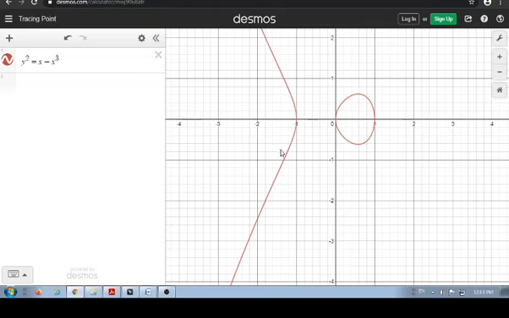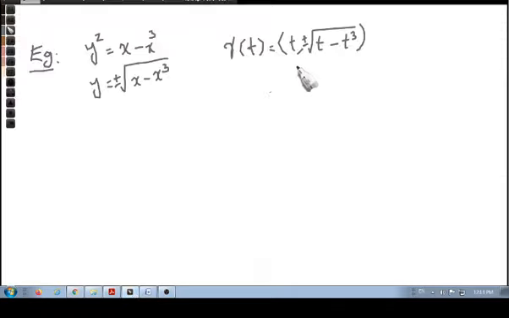Okay, so when you parameterize, you cannot write t varying in a single interval. If I write t varies from, I want a single interval, namely alpha comma beta, but no single interval can give you a plot of this curve y square is equal to x minus x cube.